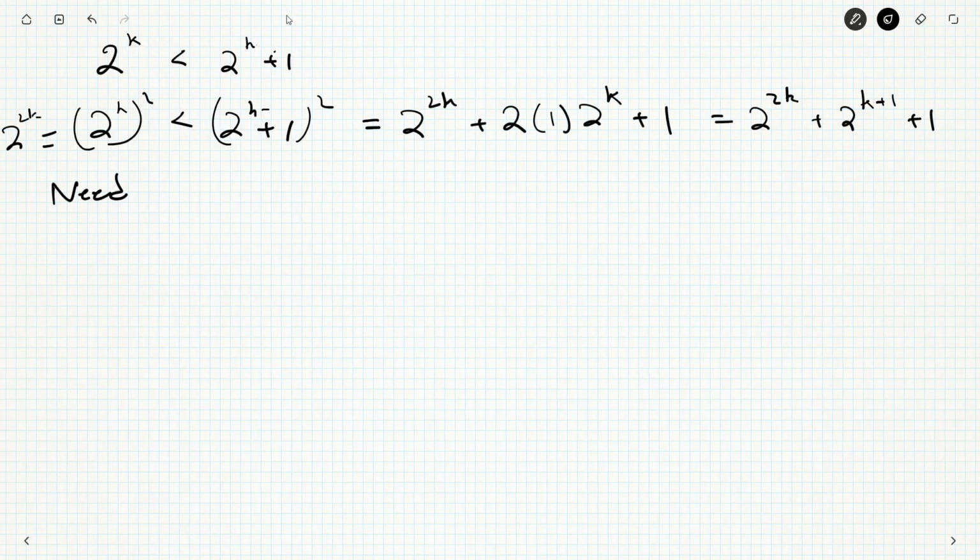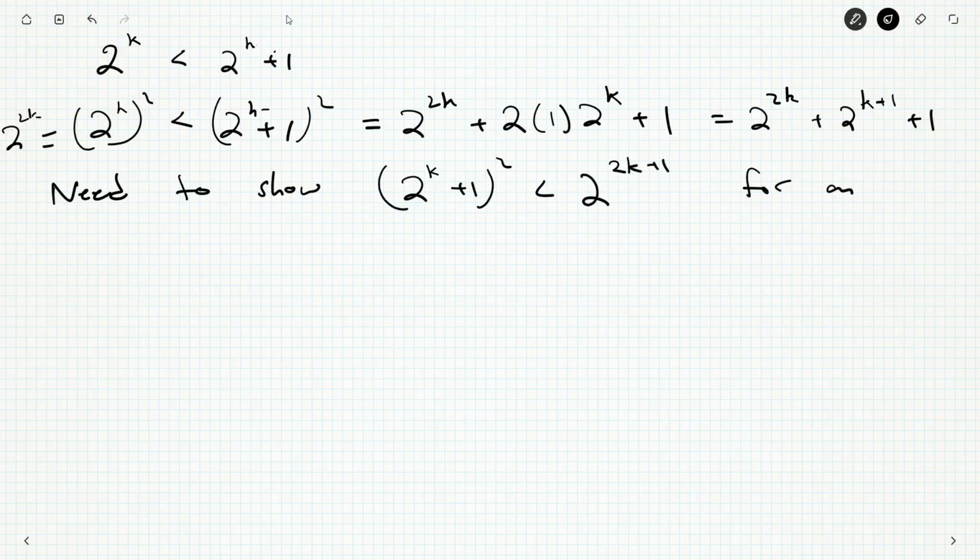So we need to show (2^k + 1)^2 is less than 2^(2k+1) for an infinite number of k, because then we get an infinite number of n's.